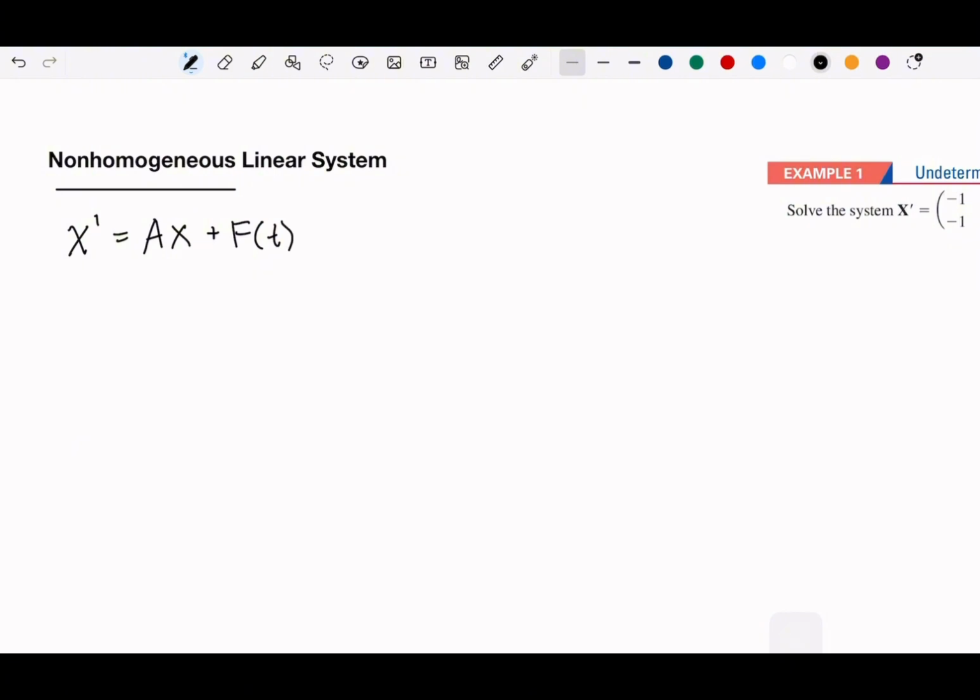So far, we solved when we have this only, right? That is when f of t is 0. If f of t is 0, it means it is homogeneous.